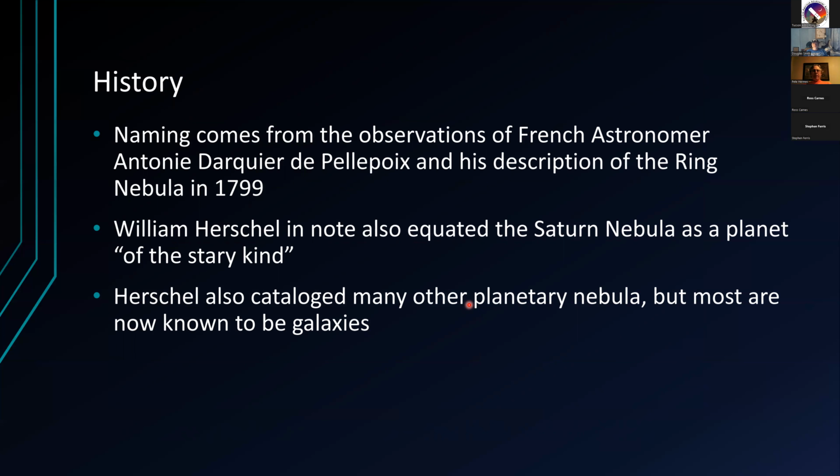William Herschel also helped lend credence to this name, where he was observing the Saturn Nebula, which is a planetary nebula, both in name and in statement. He called it a planet of the starry kind in his notes.